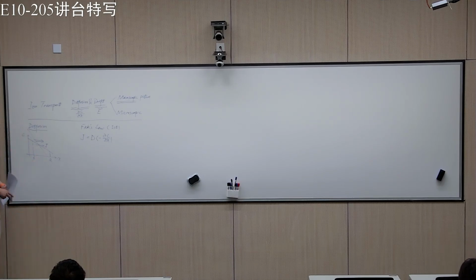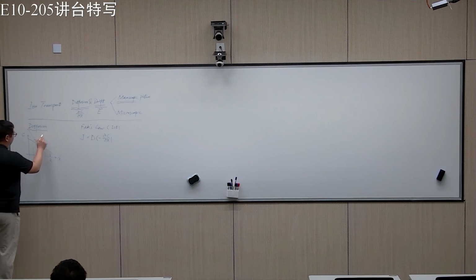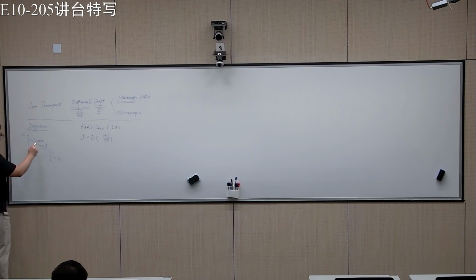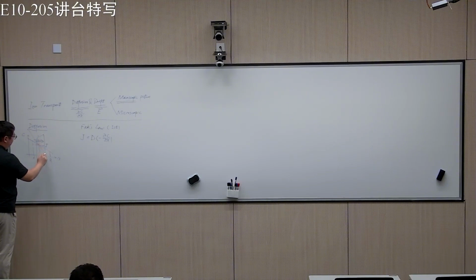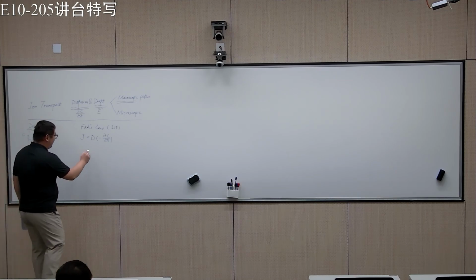This makes sense because J is trying to quantify how fast the ions diffuse. To know that, imagine you pick a place and cut a plane which is perpendicular to the whiteboard. I draw it again here.